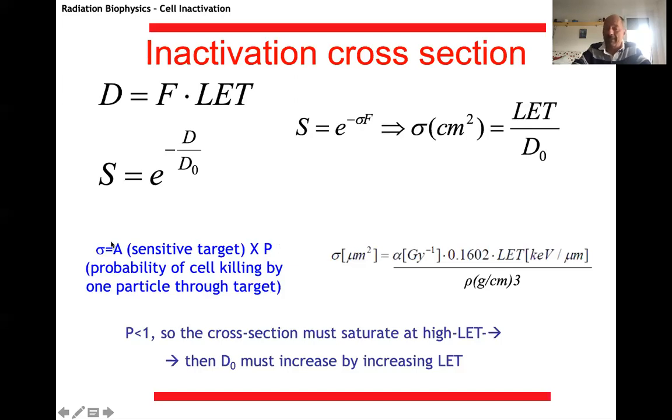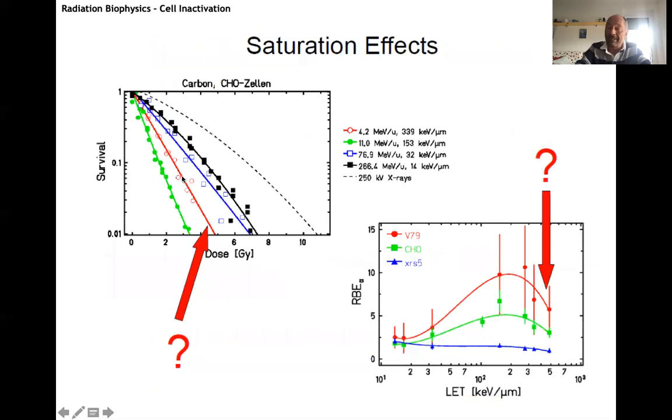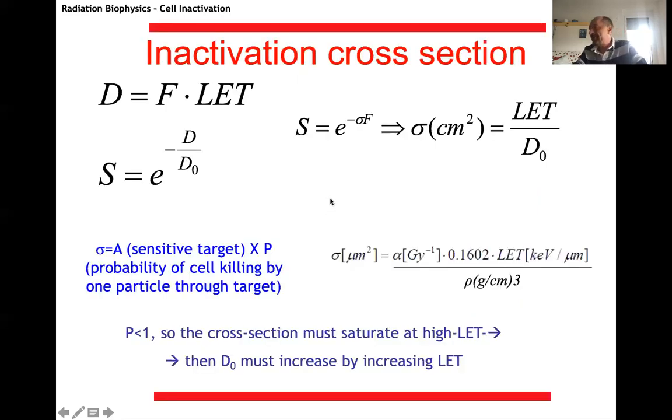So if P is 1, the cross-section is constant. Now, if you increase the LET at this point, but you want to keep the cross-section constant, you have to increase D0. And to increase D0 means exactly that the survival curve moves back in this direction and the RBE decreases.